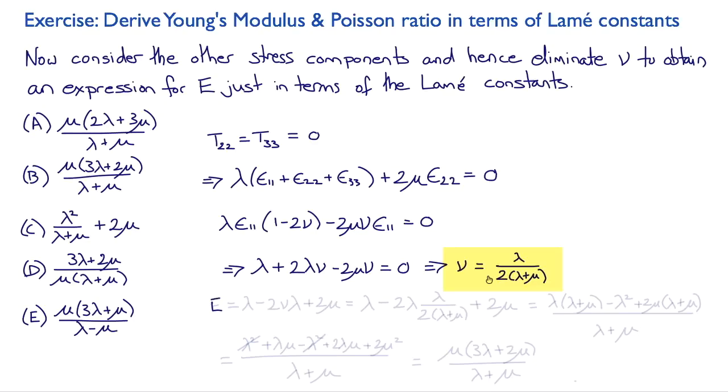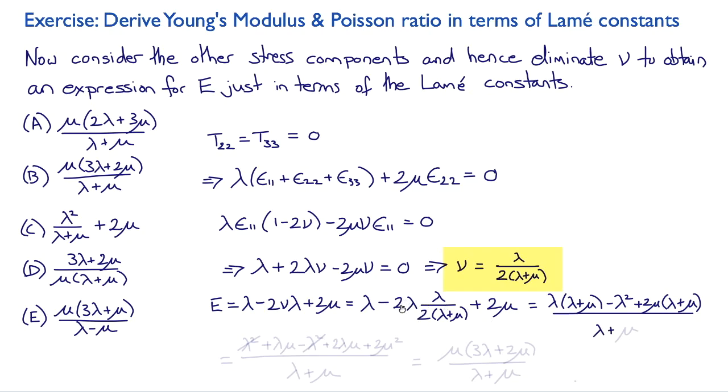Now we can substitute that into the expression that we got above for E, which was lambda minus 2 nu lambda plus 2 mu, to get lambda minus 2 lambda times nu, which is lambda over 2 times (lambda plus mu), plus 2 mu. Then that can be rearranged to lambda times (lambda plus mu) minus lambda squared plus 2 mu times (lambda plus mu), all over (lambda plus mu).